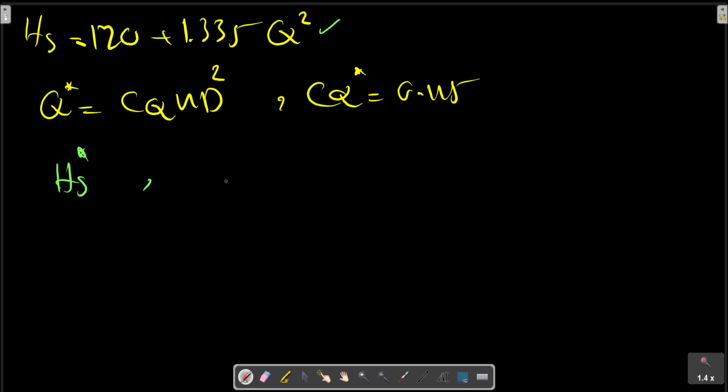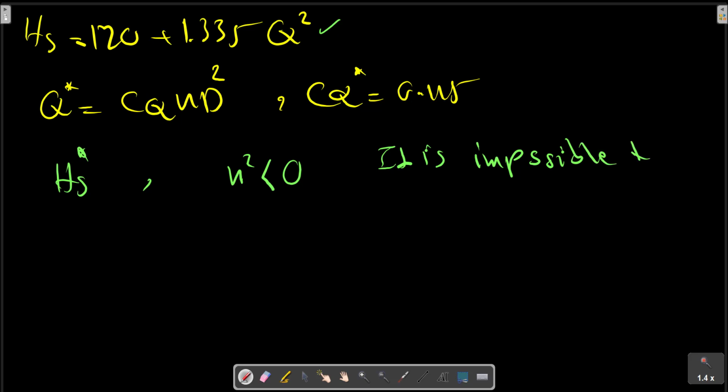With consistent units, the relation obtained shows n2 square smaller than 0, thus it is impossible to work at BEP.